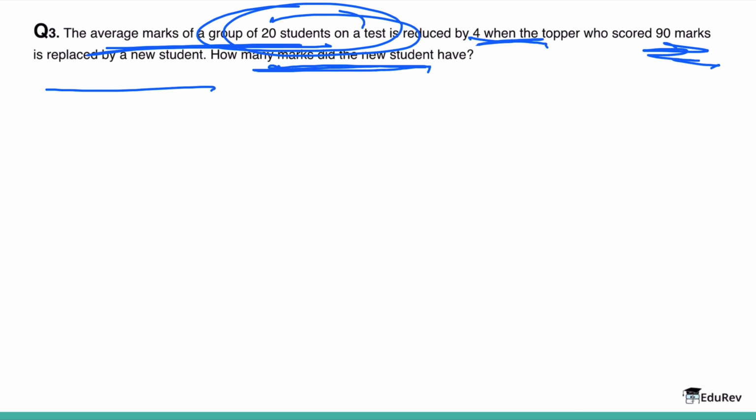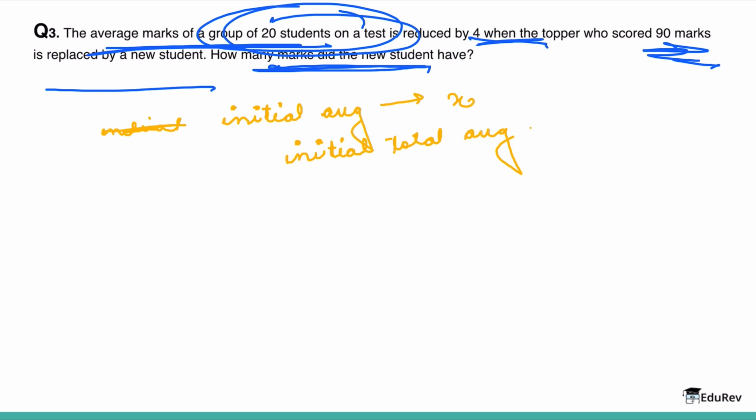Okay, so let me write it down. Let me change the color. So the initial average is going to be x, and the initial total is going to be 20x. Alright.